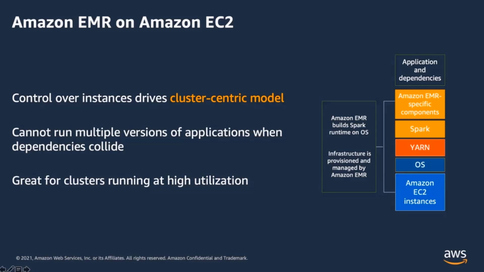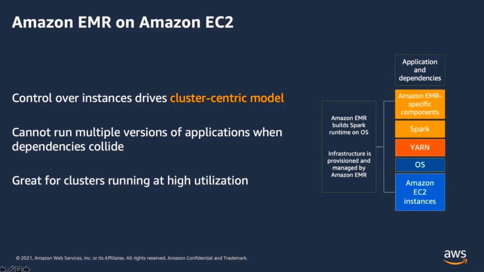So let's say if you want to run Spark 2.4, you need to go to EMR, call the API or CLI, and EMR provisions the entire infrastructure for you with the control plane and the data plane, all of that, and makes it available for you. And you can go and run your analytics on top of it. Once your job is done, then you can tear down the cluster, right? So now imagine if you need to run multiple versions, if you need to run 2.4 and 3.0 simultaneously, you need to provision multiple clusters for that purpose, right?